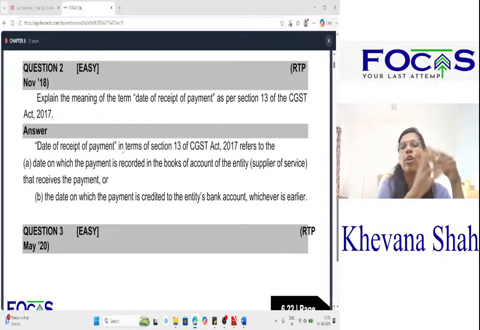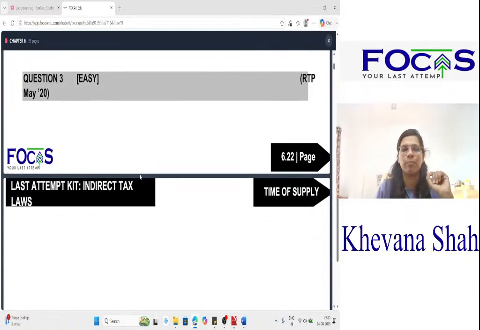So either the date on which you are accounting your receipt, or the date on which the payment is actually credited in your bank account. So the earlier of these two dates is your date of receipt of payment.